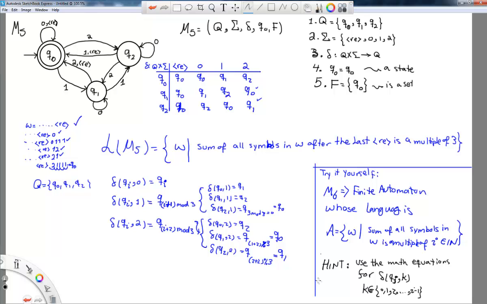And I gave you a simple work-it-out-yourself exercise to define formally a finite automaton M sub 6 such that that machine accepts the language of all strings in which the sum of elements is equal to a multiple of some natural number.